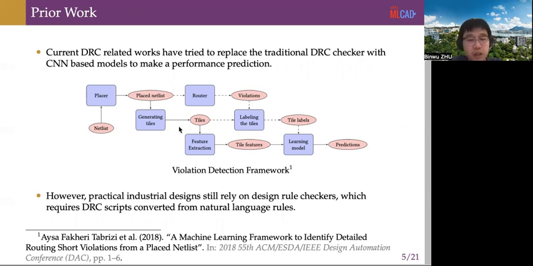However, these studies are not adopted by industrial designs. The main reason is that they still rely on manual rule generation to prepare the DRC scripts for design rule checkers. Considering such a situation, a problem naturally comes into my mind. Is it possible to accelerate the DRC script generation step in the traditional generation flow?